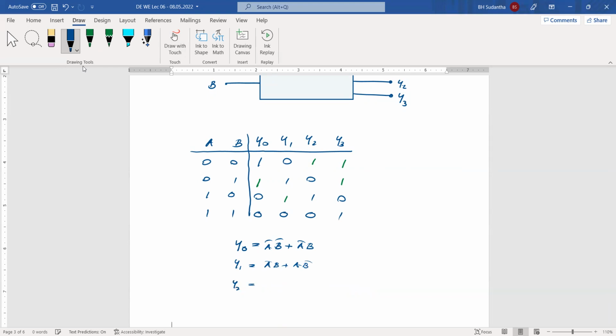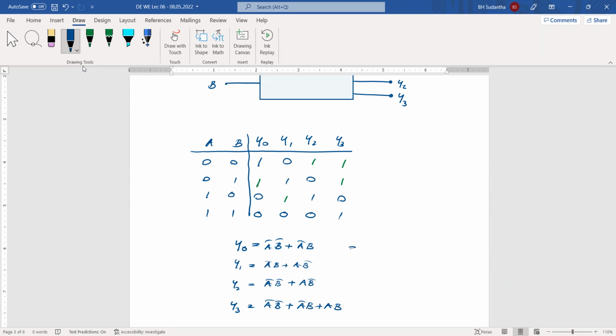Y2 is A bar B bar plus AB bar. Then Y3, here we have 3 terms, A bar B bar plus A bar B plus AB.